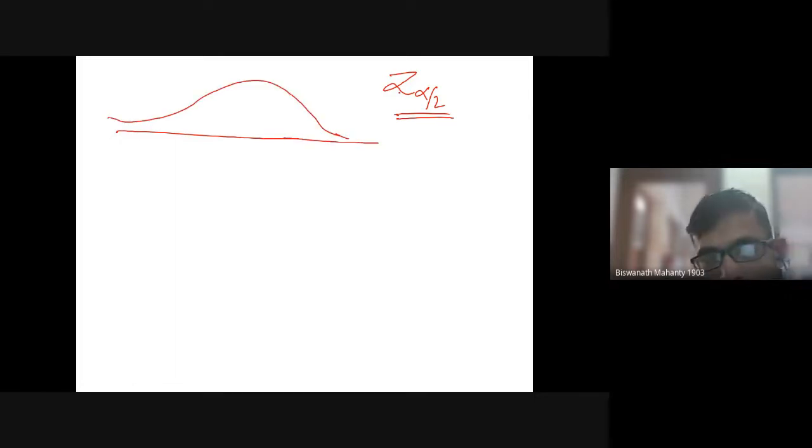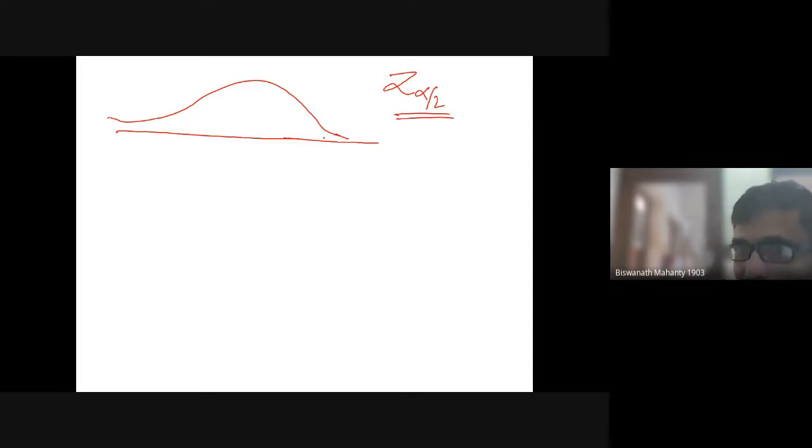If I ask you, can you tell me the value of z alpha by 2? From the table, I have shown you one table, right? The table is there. Can you find it? Or t alpha by 2, same story. Please listen carefully. Z alpha by 2 or t alpha by 2, what is the meaning?